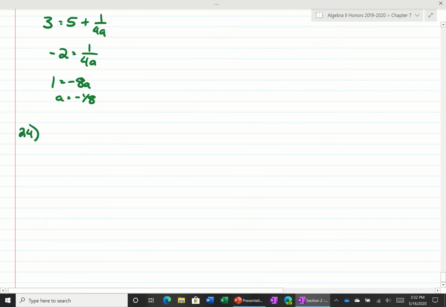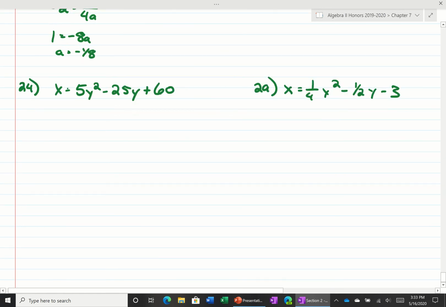For number 24, it says x is equal to 5 times y squared minus 25y plus 60. And then for 29, it says x is equal to 1/4 y squared minus 1/2 y minus 3.